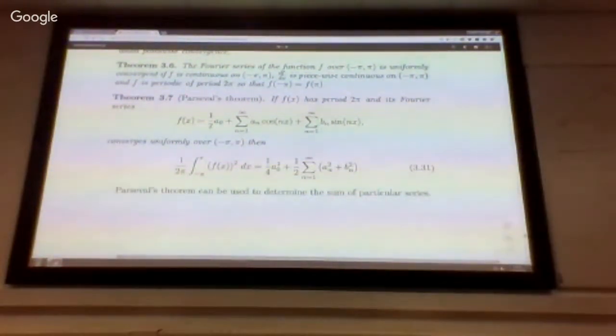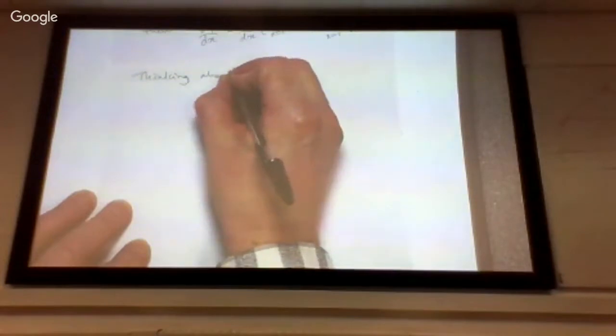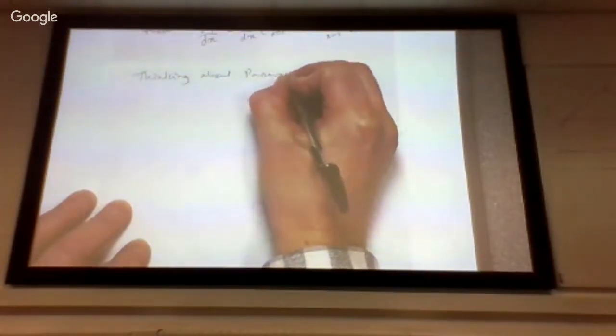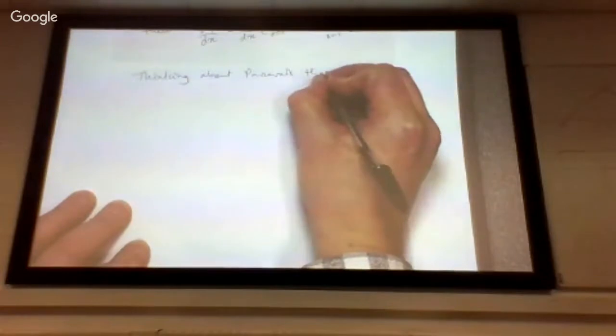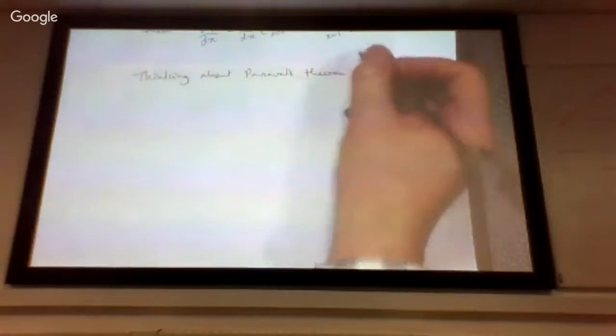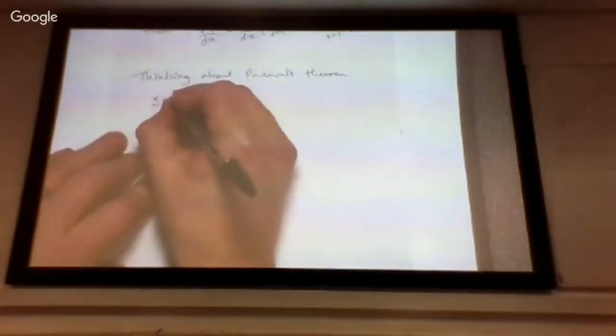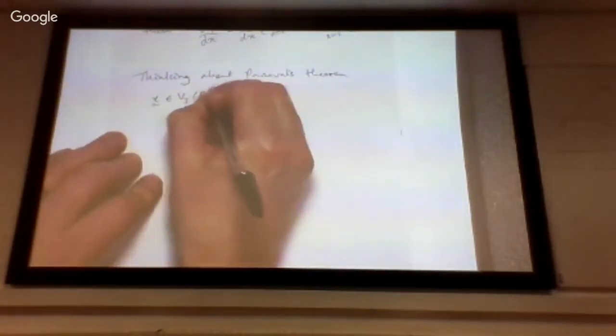So Parseval's theorem gives us something equivalent to something you're slightly more familiar with in lower dimensions. Thinking about Parseval's theorem, think of a vector x in V3R, three-dimensional vector space.